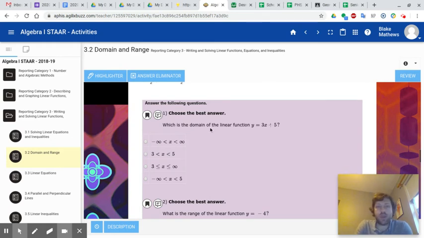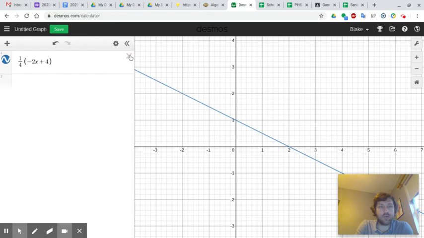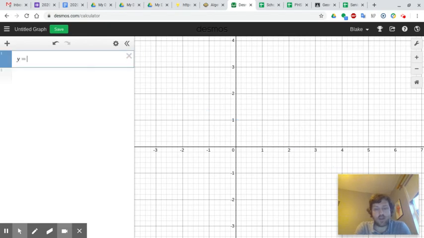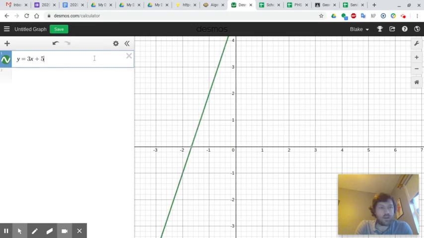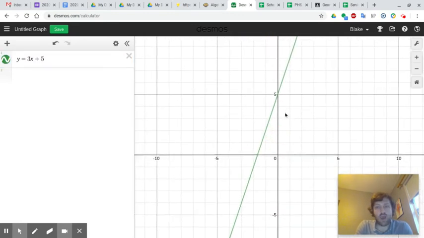Which is the domain of the linear function y equals 3x plus 5? Let's go over here to Desmos, and we're going to do y equals 3x plus 5. Let's delete what we have in here. Y equals 3x plus 5. The question is, does this graph stop at any place, or is it going on forever?